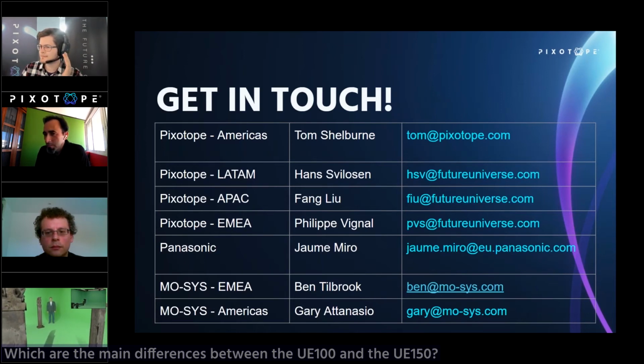Okay, the main difference is related to the sensor side. The UE100 is a smaller camera, so it means a smaller sensor and, for example, a smaller dynamic range.